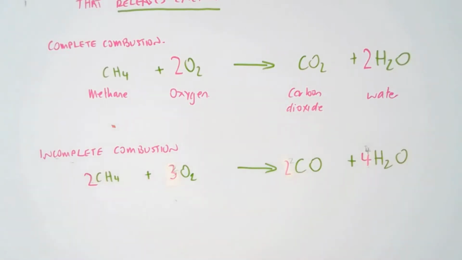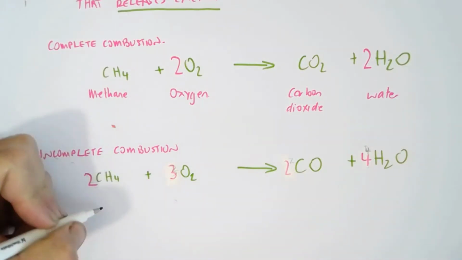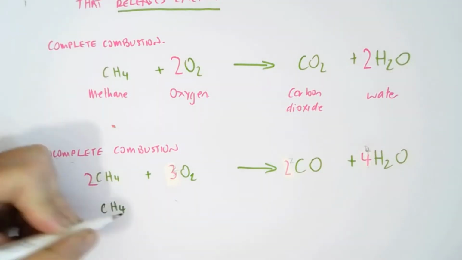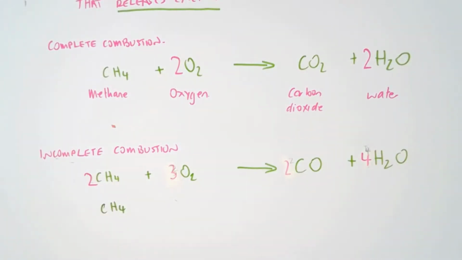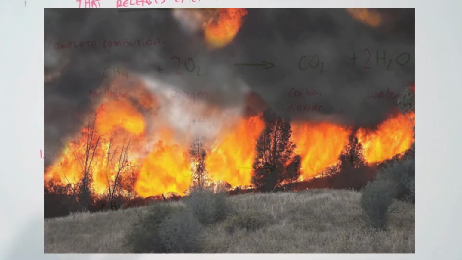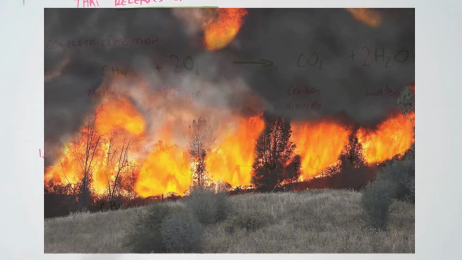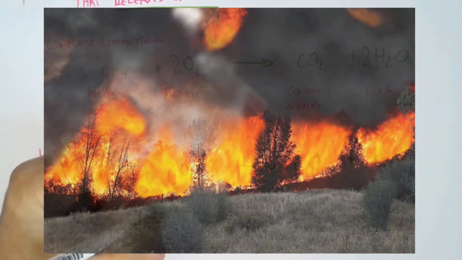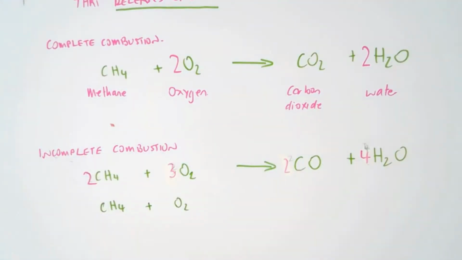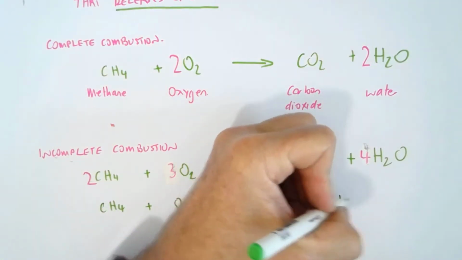Now, that's not even telling the whole story with incomplete combustion. There's actually another reaction that occurs at the same time. Because I'm sure you know that when a fuel is burnt, sometimes smoke is produced. Again, that occurs when there's not enough oxygen. So methane plus oxygen produces another chemical reaction where we've got carbon, which is the soot, and water vapor again.